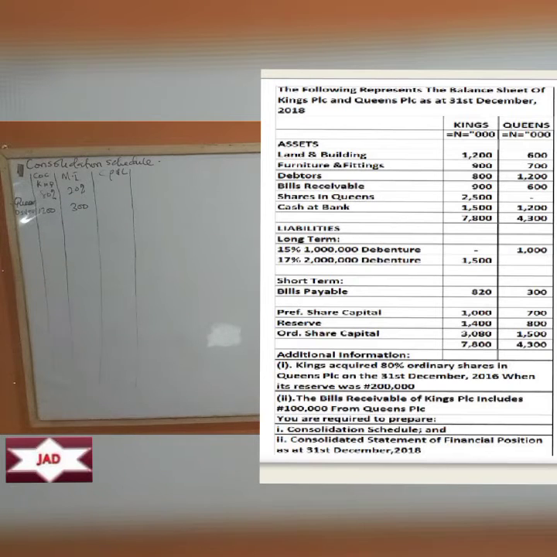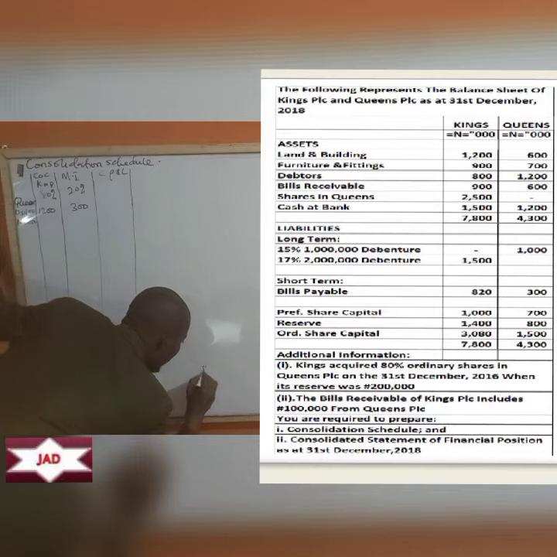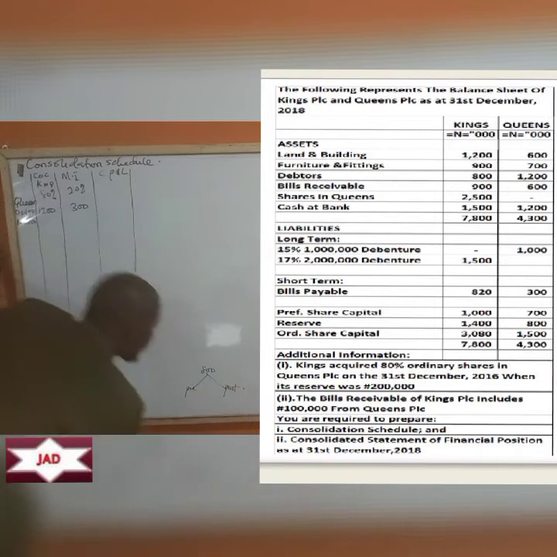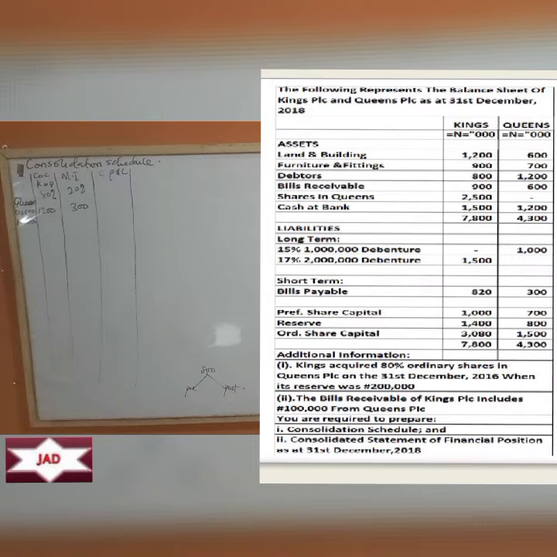What's the next one? The reserve. What's the reserve there? Reserve there is 800. So what do we do? We have 800 into pre and post. So what's the pre? Question said Kings acquired 80% of the shares in Queens on 31st, when reserve was 200,000.